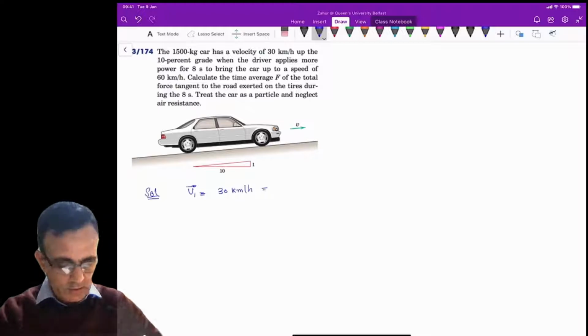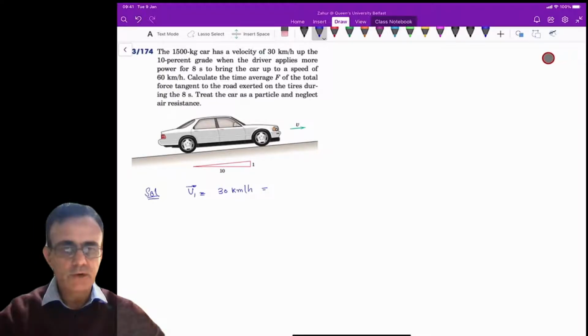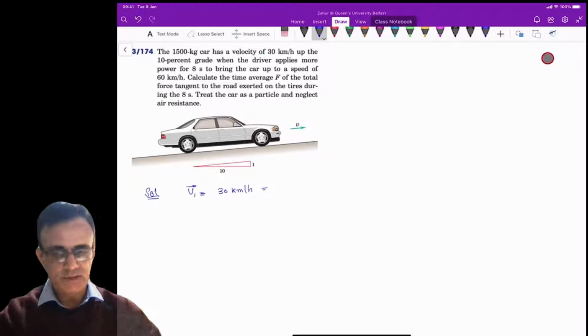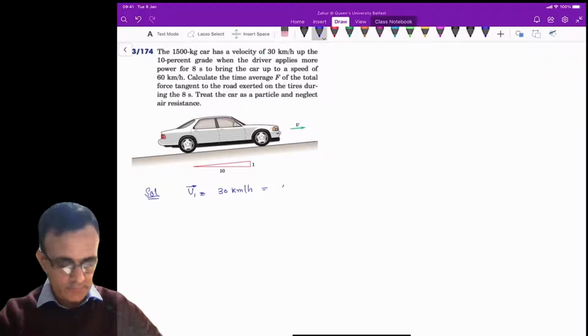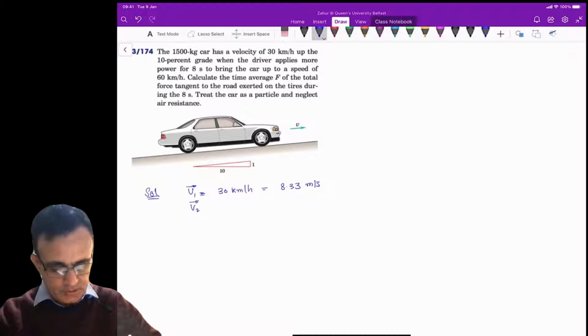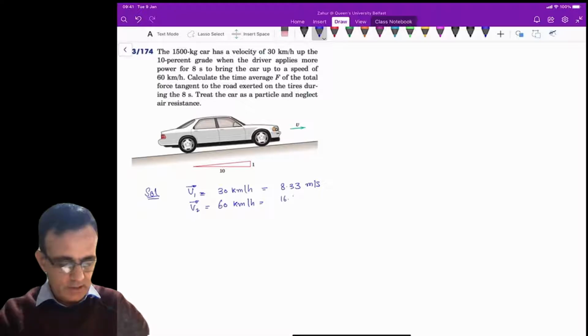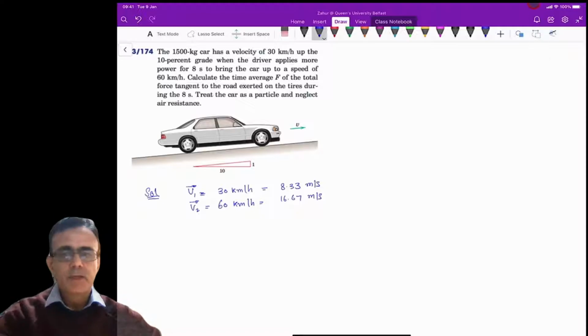It's always a good idea to convert the velocities to meters per second. So 30 will become 8.33 meter per second, and then v2 is 60 kilometer per hour, which is given, and this will become 16.67 meter per second. Okay, and again you are given this angle here.